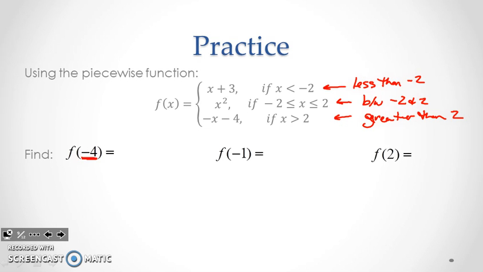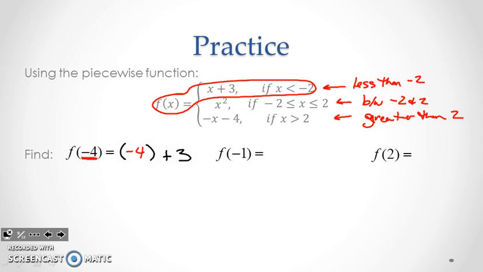Where does -4 fit in? -4 would be less than -2, right? So I'm going to use f of x equals x plus 3, which means f of -4 equals -4 plus 3. Instead of an x, I've got a -4 plugged in here. So I find that f of -4 equals -1.